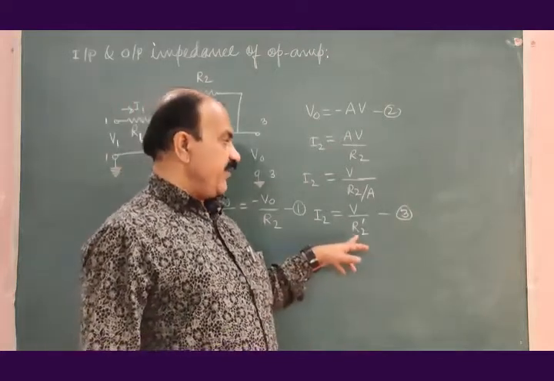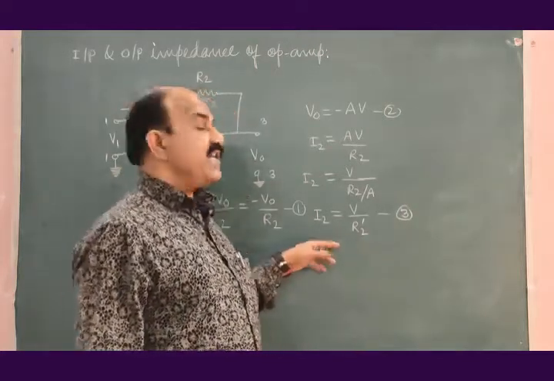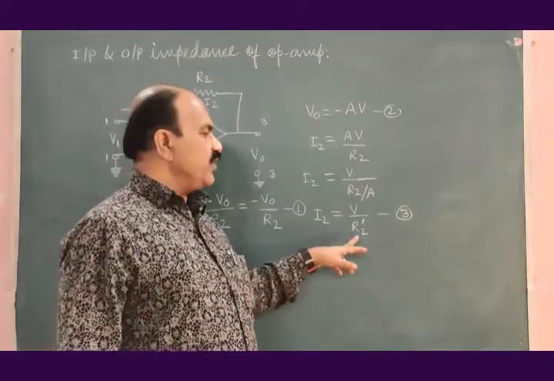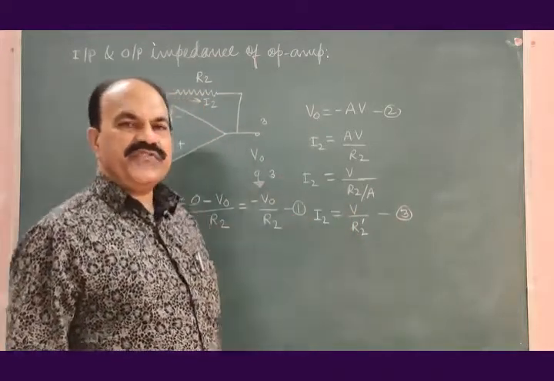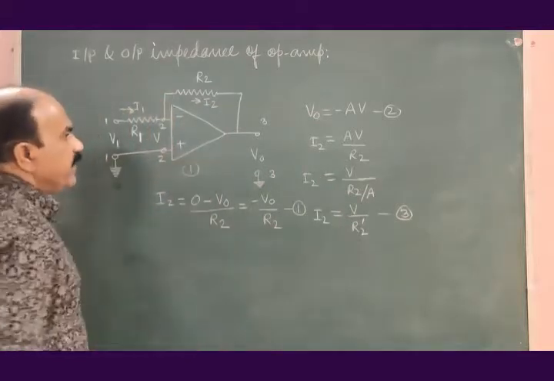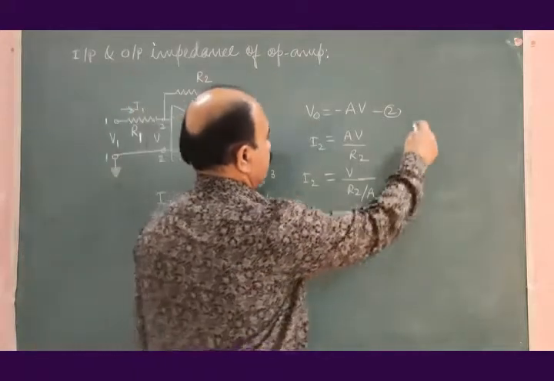It means that if we connect a resistance R2 dash between the points 2, 2, current I2 will be flowing through R2 dash due to the voltage V. So this circuit in figure 1 may be redrawn as figure 2.